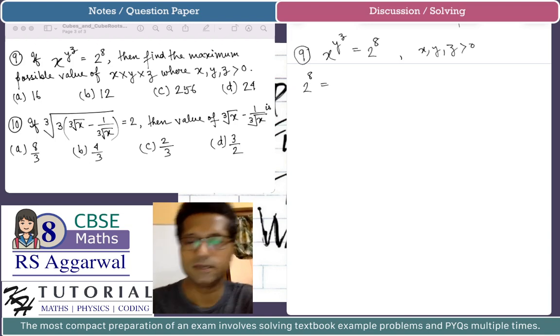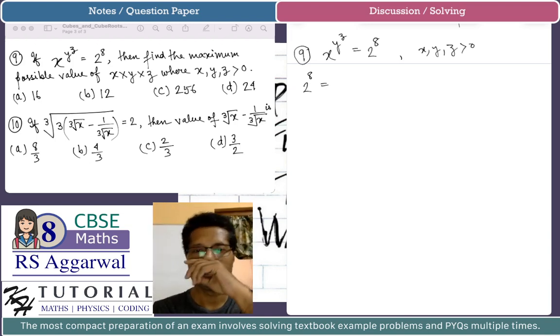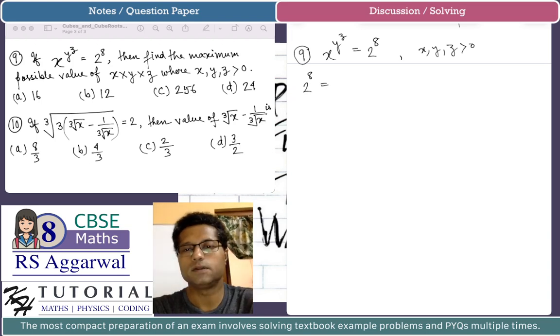Now 2 to the power 8, if we consider 2 to the power 2 multiplied by 2 multiplied by 2.